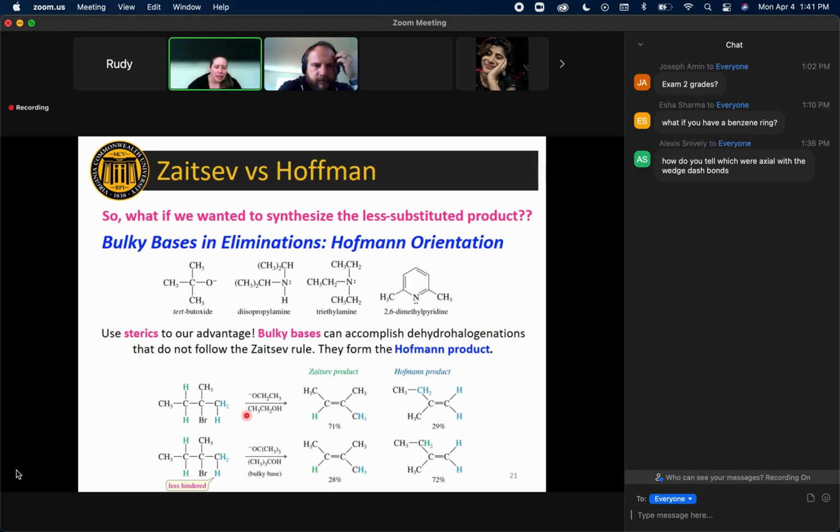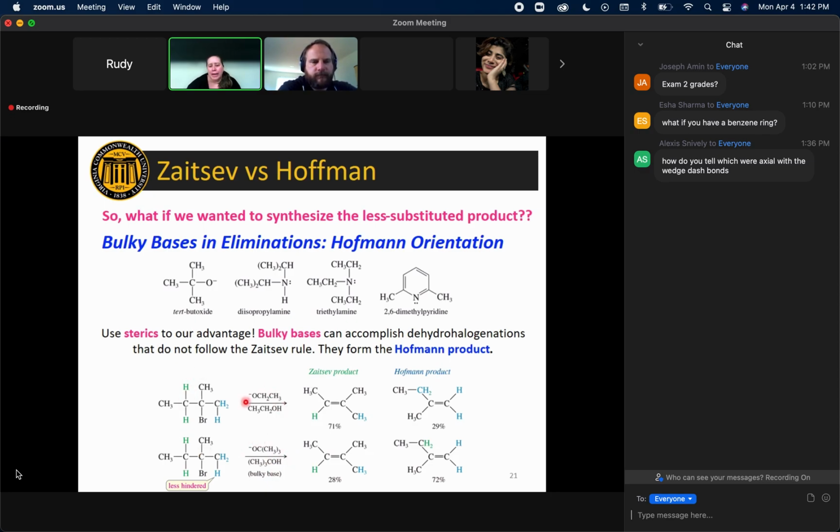They're a little bit easier to get to. So if we have ethoxide, the deprotonated version of ethanol, that is just a normal base. And so it is going to form the Zaitsev product preferentially. A little bit of the less substituted product will form also. But most of the products, the major product, will be the Zaitsev or the more substituted double bond by the deprotonation of a green proton.